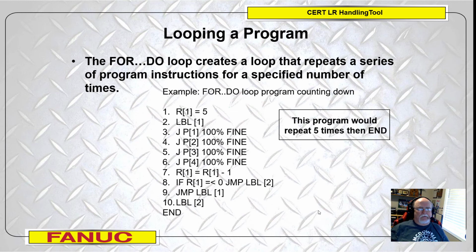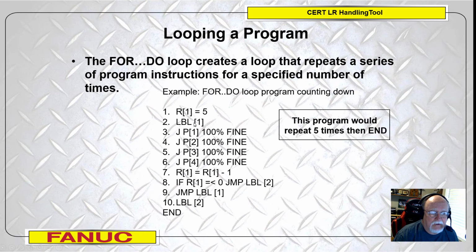The for do loop creates a loop that repeats a series of program instructions for a specified number of times. And again, this one does the same thing, except instead of adding, they're only using one register, and they're subtracting the number instead of adding it.